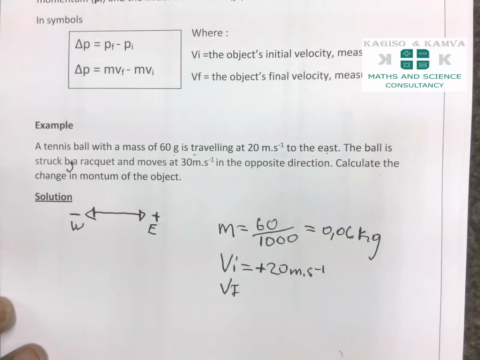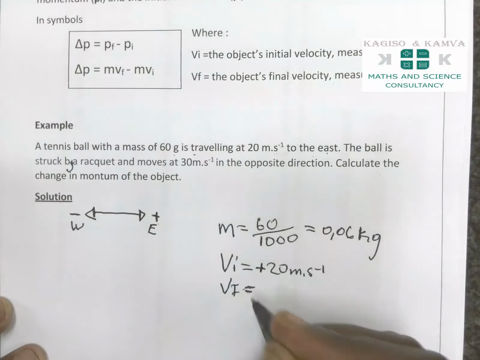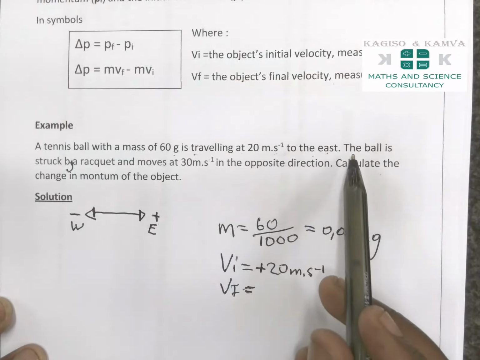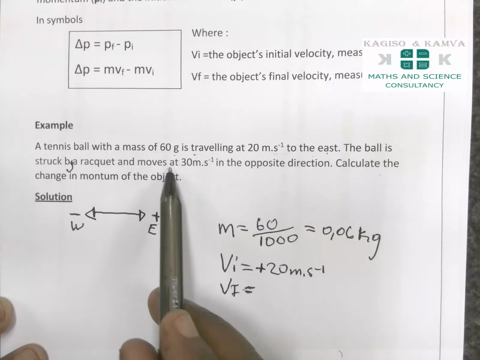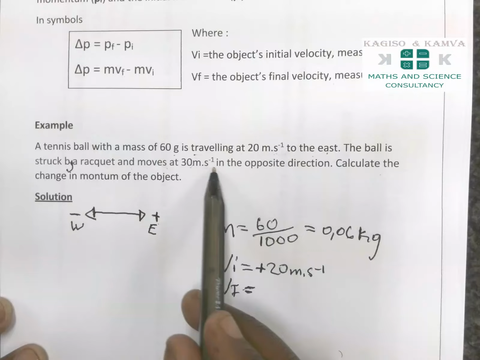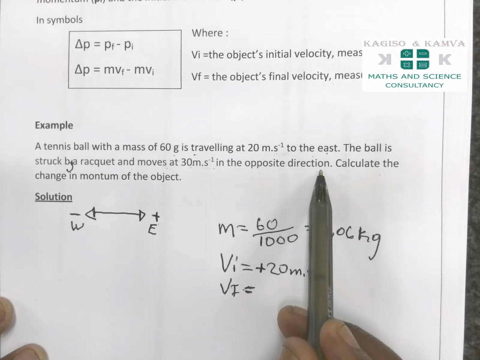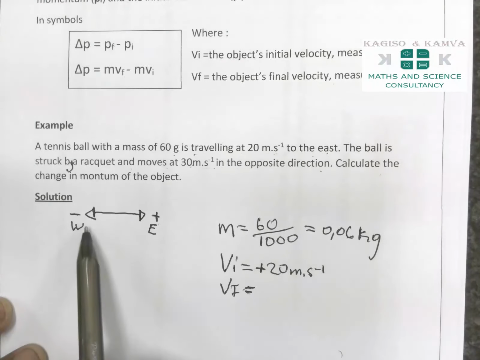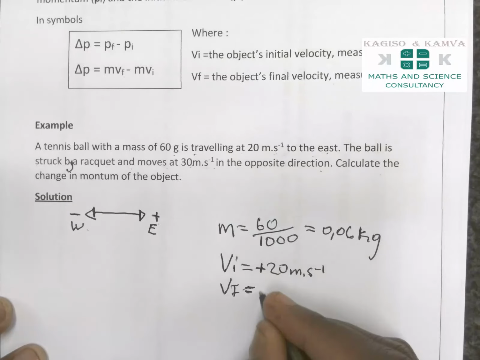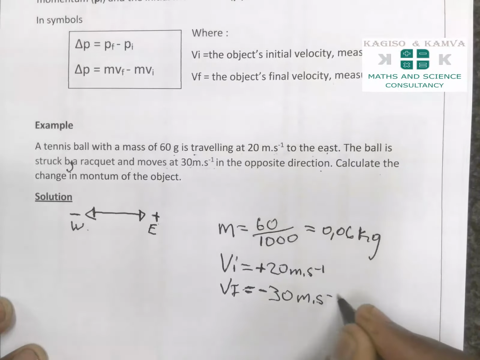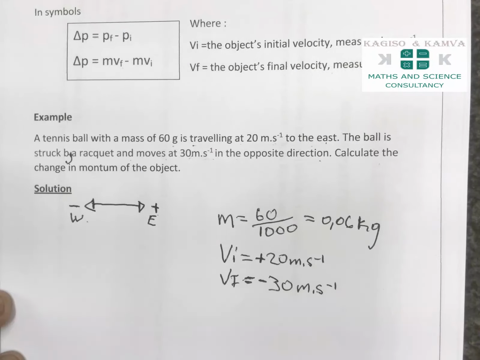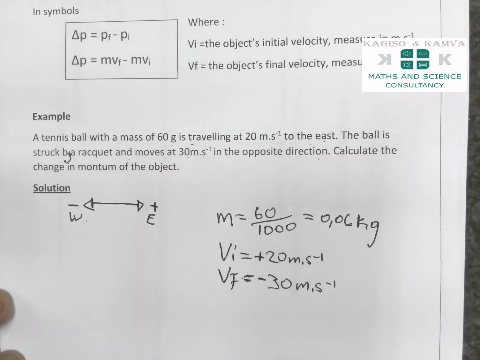The final velocity: the ball is struck by a racket and moves at 30 meters per second in the opposite direction. So it's no longer going east, but going west. So this is going to be negative 30 meters per second.